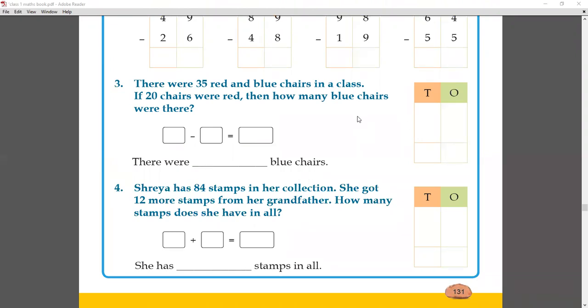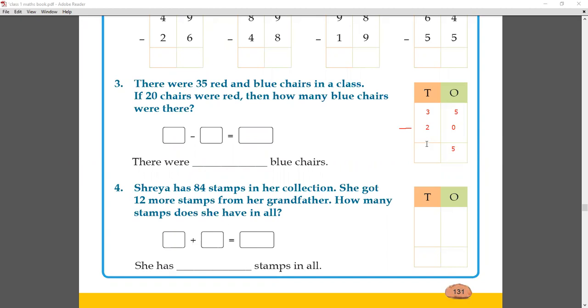Okay, so first we write 35 here. 3, 5, 35 and 20. 2, 0. Okay, so then we subtract. 5 minus 0 is equal to 5.